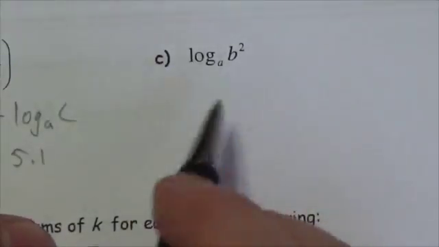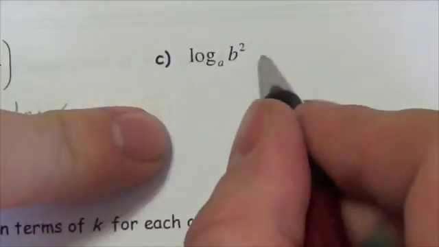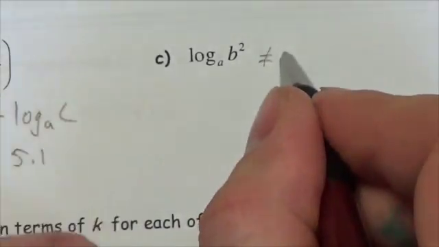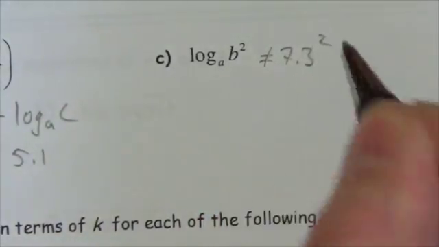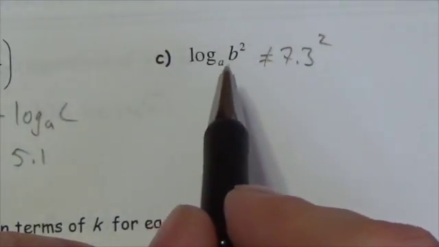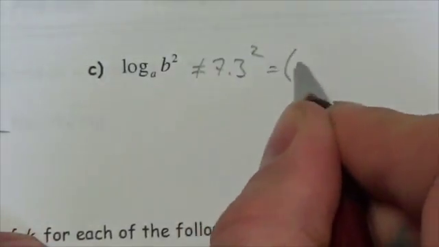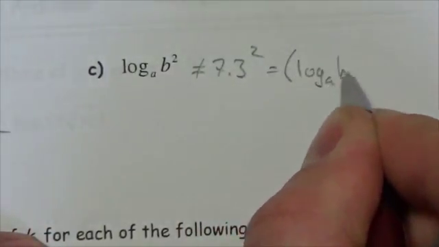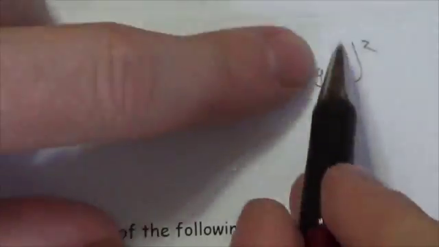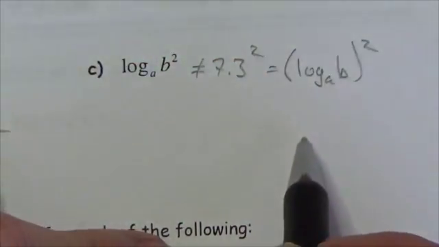Okay, now although I've already mentioned this before, this is another good spot to address this. This is not the same as 7.3 squared. Okay, please don't do that. That would be true if this was equal to, in brackets, log base a of b, squared, where the whole thing was being squared, because the whole thing is equal to 7.3.